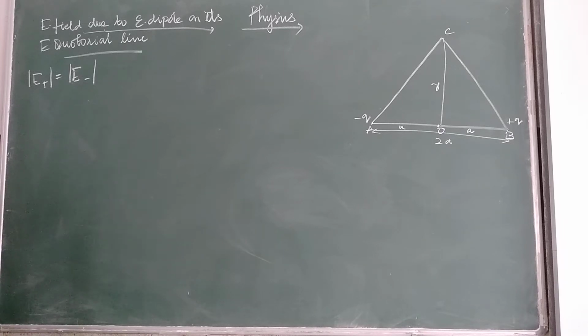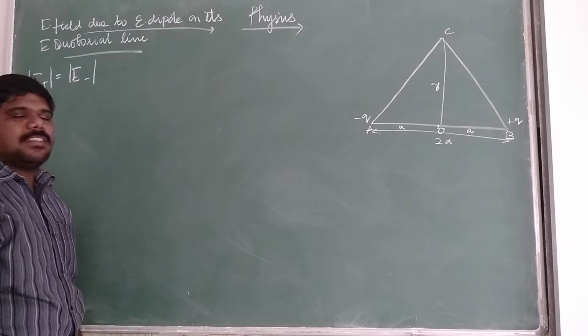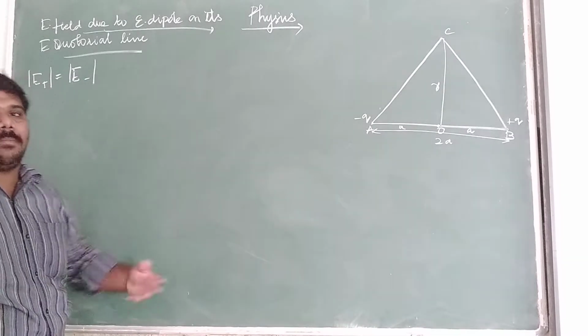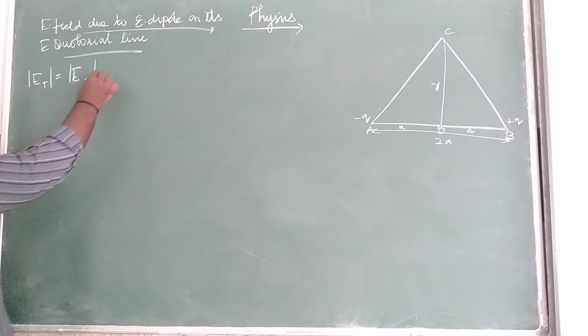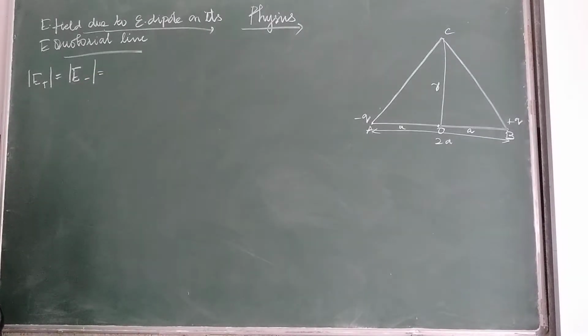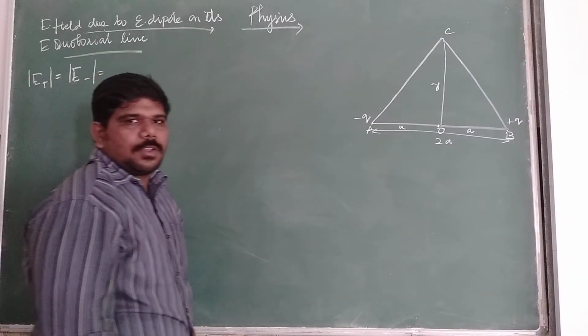At the point C, first we find the magnitude. What's the formula for electric field? 1 by 4 pi epsilon 0 into q by r square.